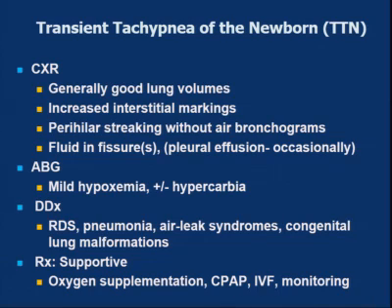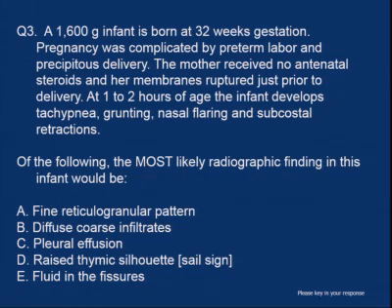Oftentimes they match the heart rate. They can breathe 100, 120 times a minute, even more. And the differential diagnosis is very complex, and that's why you cannot make this diagnosis prospectively. You can't just look at an X-ray and say, oh, this is TTN, and I'll show you some cases where it looked like TTN, but actually turned out to be something else. So always a retrospective diagnosis.